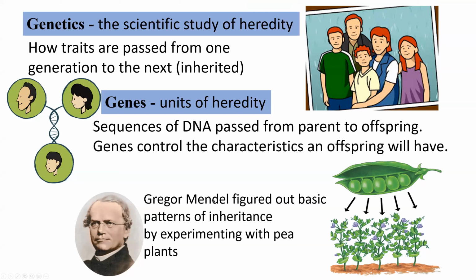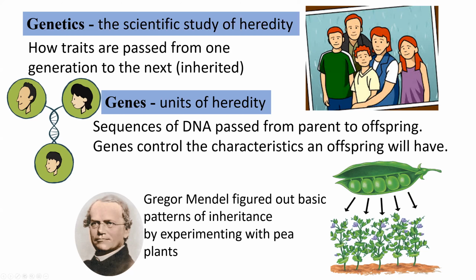He is a botanist who studied this in pea plants, and he essentially chose pea plants because they reproduce very easily and he has a lot of control over their reproduction. And there's a lot of characteristics you can look at when you study pea plants.